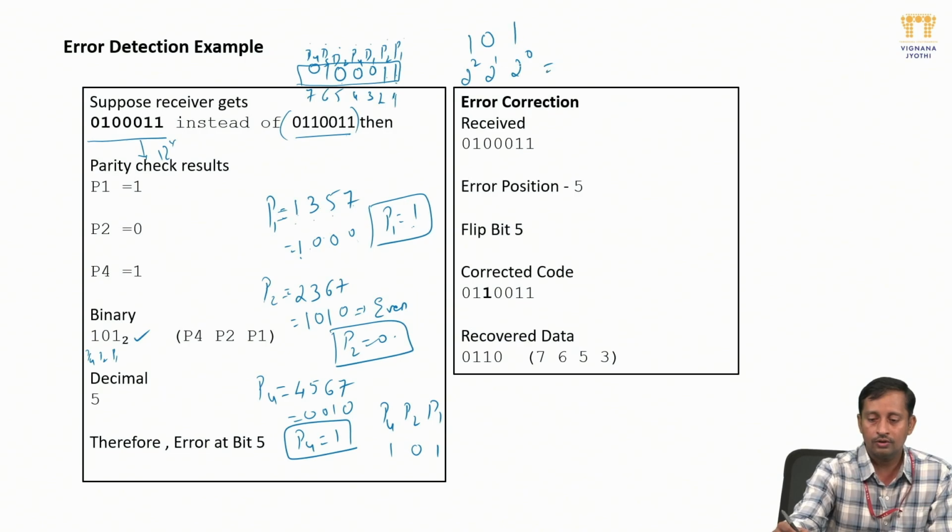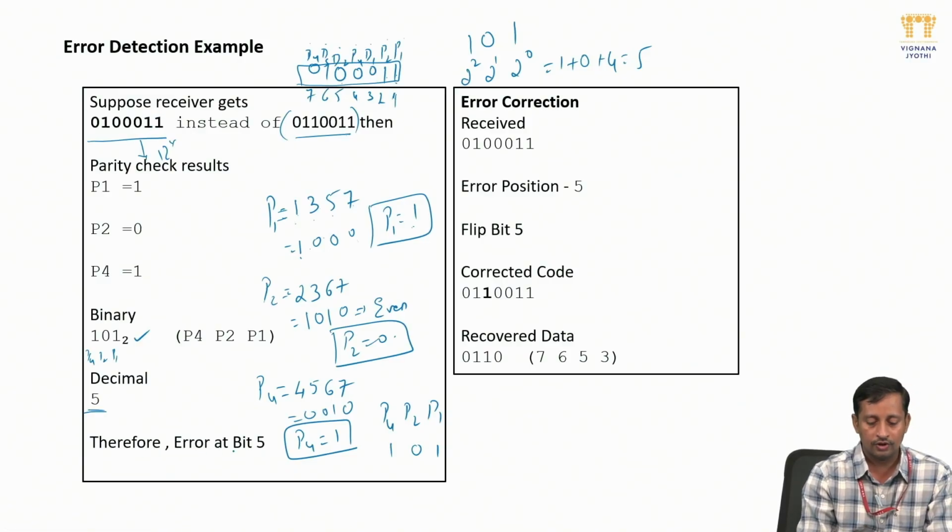For 2 power 0 it is 1, plus 2 power 1 is 2 into 0, which is 0, plus 2 power 2 is 4, and 4 into 1 is 4. So the value is 5. The decimal value is 5. This binary equivalent is equal to 5, which is the position that has the error in the transmitted data. Therefore the error bit is at the 5th position.